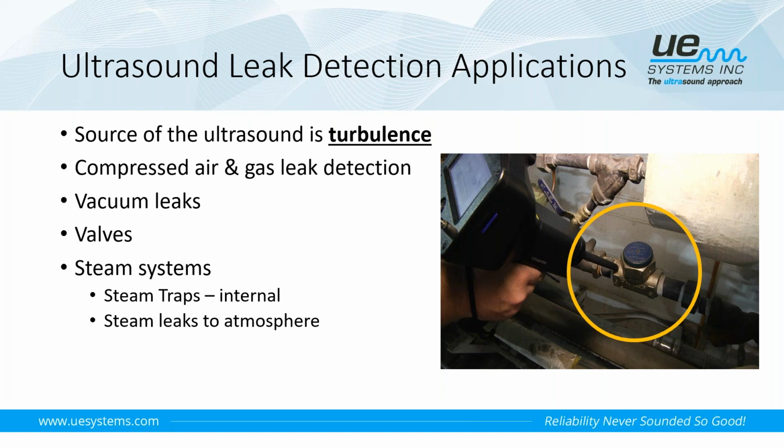That same module would be used for vacuum leaks. With vacuum leaks, instead of a pressure leak to atmosphere, there's an air in leakage, and that still creates turbulence, and we're still able to hear that with ultrasound.